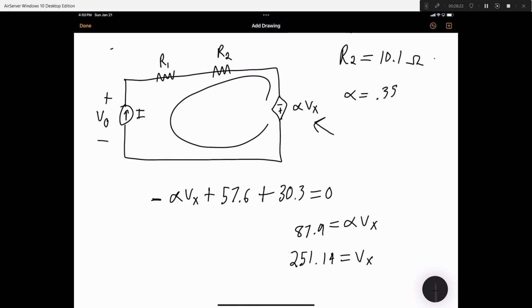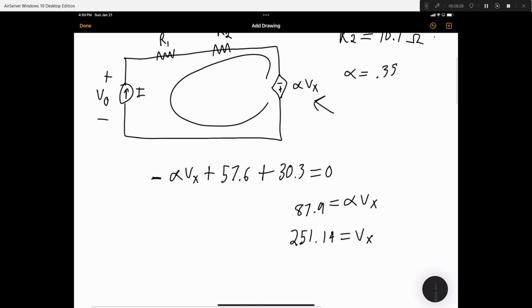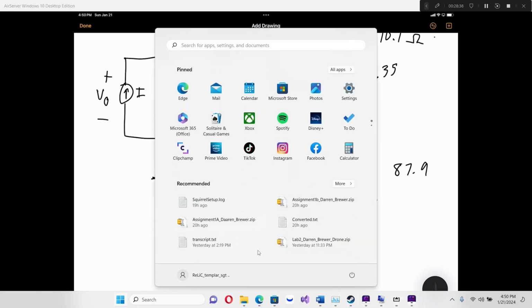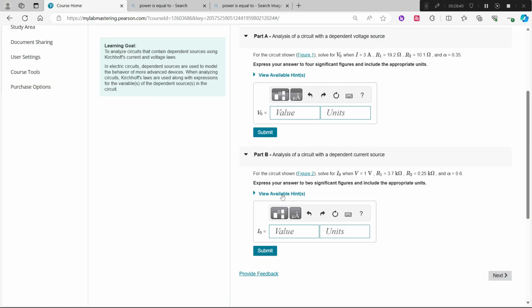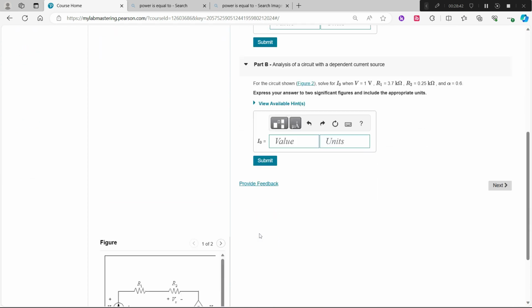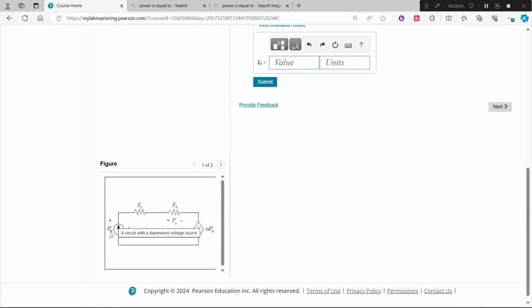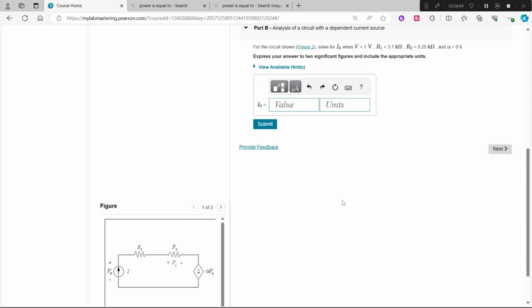Okay, since we know V sub x, we have 87.9 as the total voltage source going around. But according to the diagram, V naught is from this sign convention, which is the opposite of what we have here, so V naught is negative.